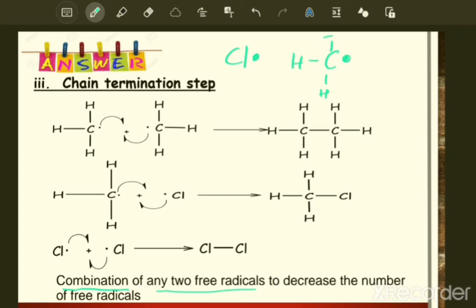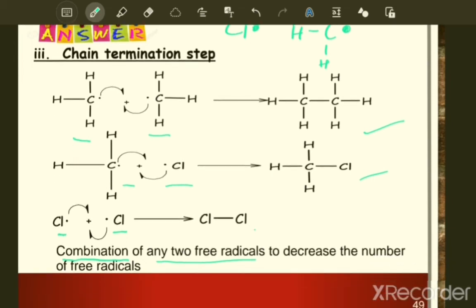So we have three sub-steps in order to terminate these free radicals. First, an alkyl free radical combines with another alkyl radical to produce this structure, then a chlorine free radical combines with an alkyl free radical to produce this structure, and a chlorine free radical combines with another chlorine free radical and produces a chlorine molecule. So these are the steps in the free radical substitution reaction.